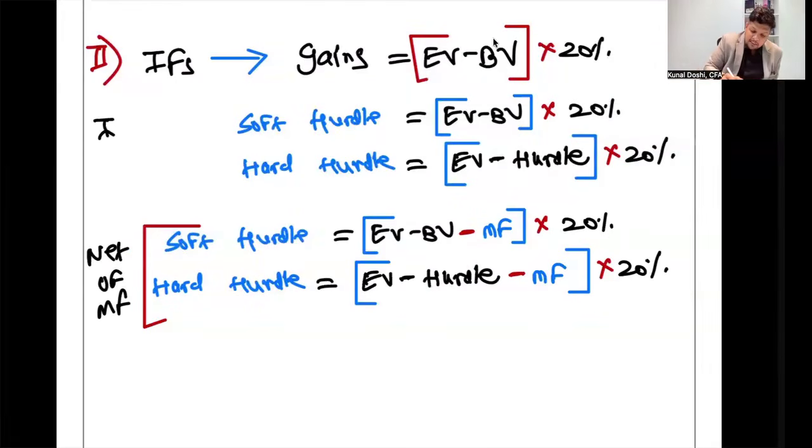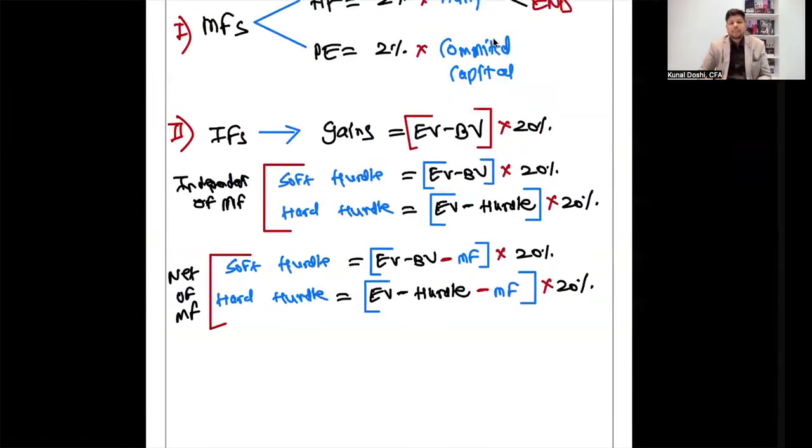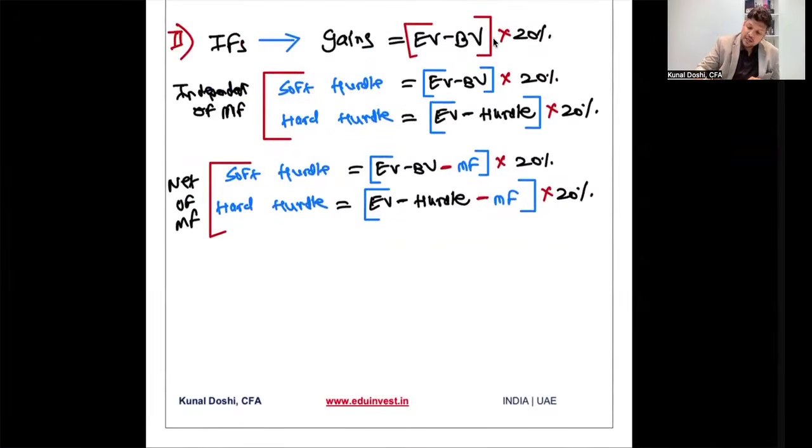But if they say independent of management fees, in that case we will use the standard formula, which I just showed you. Correct? Everyone? Check, confirm. All right. Remember one more thing: if there is a high watermark clause, will your incentive be full or less?